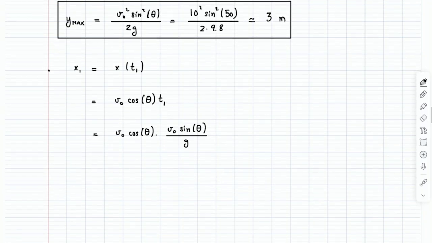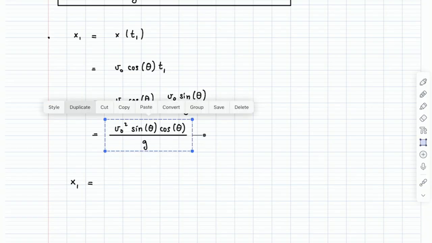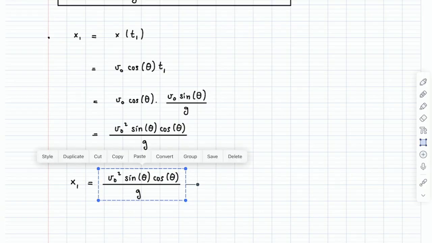over g. So we wind up with v naught squared sine theta cosine of theta divided by g. And so finally x1 is equal to all of this, and we have all of the values, we can plug them in.